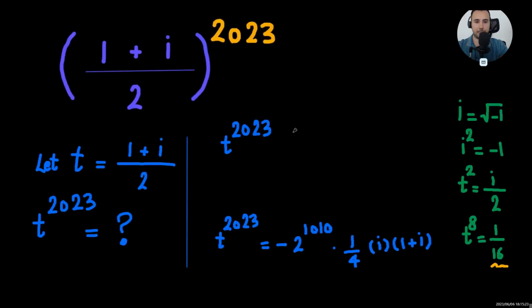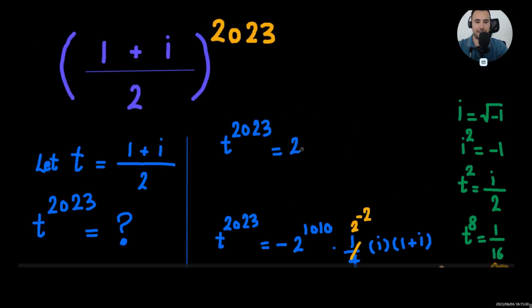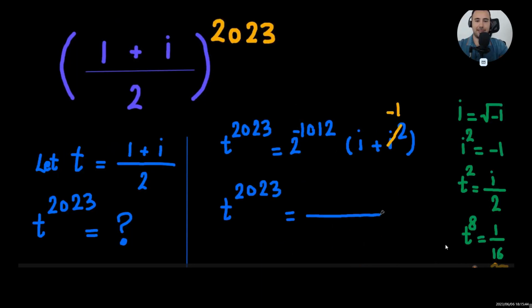Remember, I forgot this negative over here. I'm going to add it later. Okay, this is where I add it. And now we're going to have a plus 1 plus i. So this is going to be the final answer, the final value.